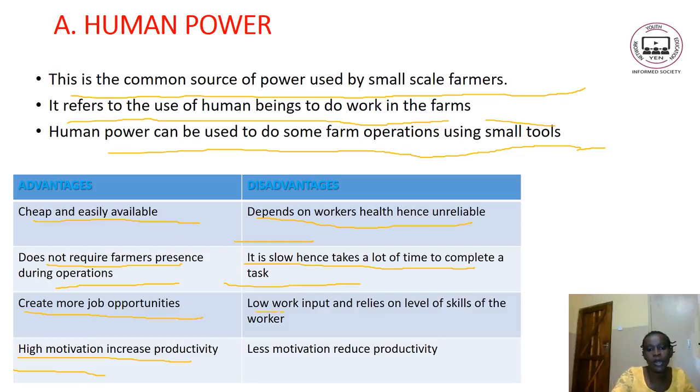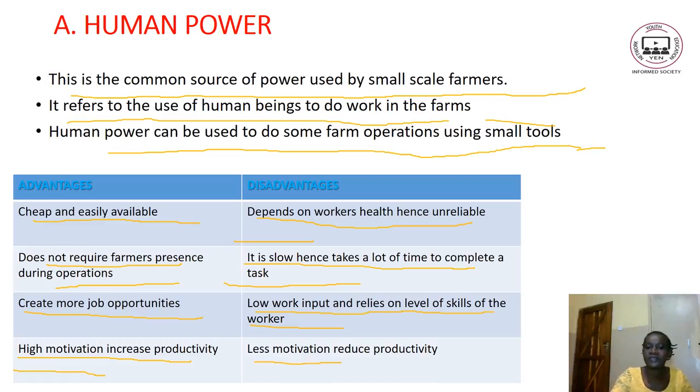Apart from that, there is low work input, and it relies on the level of skills of the workers. If the workers you have employed in the farm are of low skill, we do not expect those activities to be done perfectly.